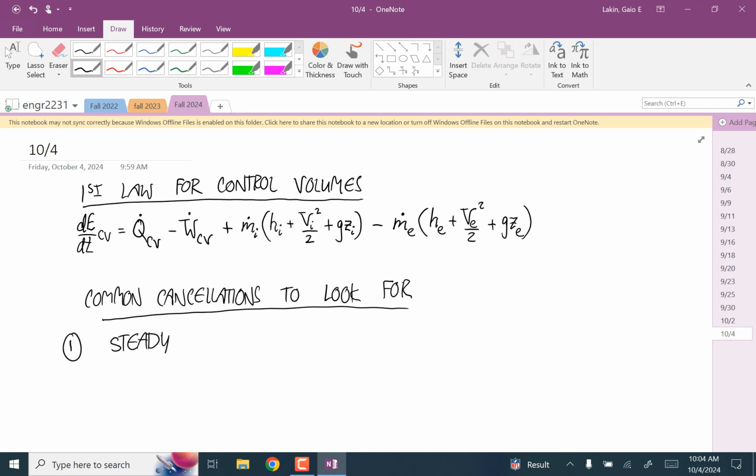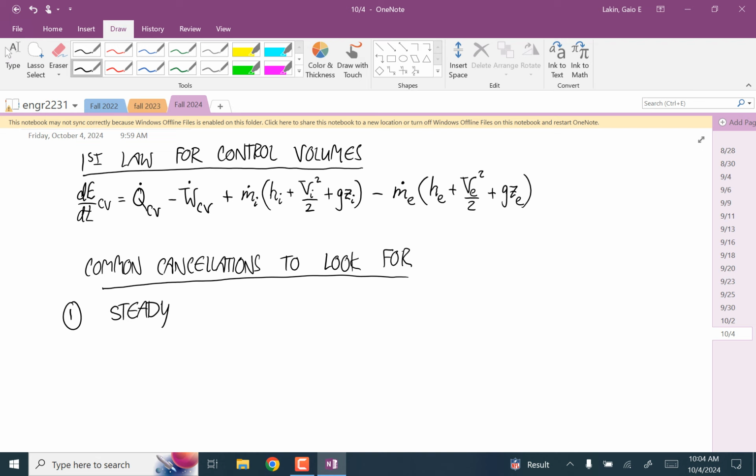So if the problem says steady state, right away you can cancel. So first, dE/dt for the control volume is equal to 0. There's no change in the energy of the system over time.